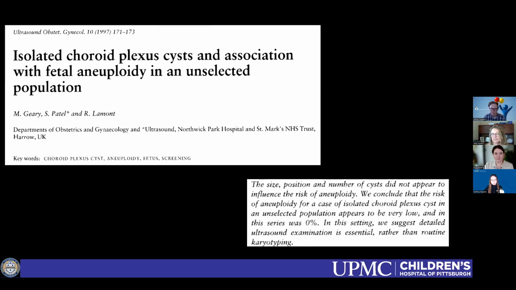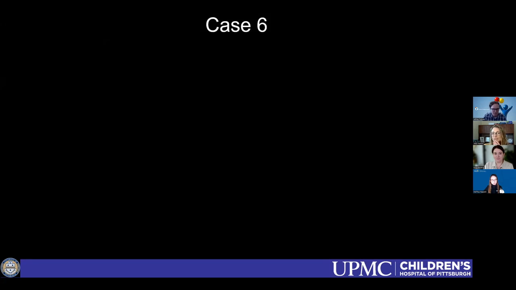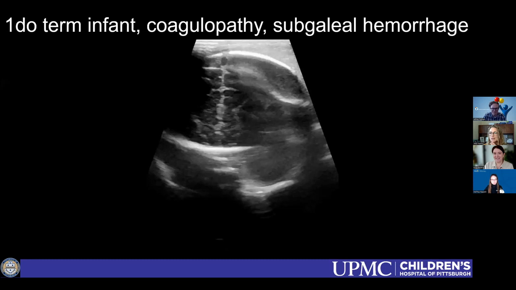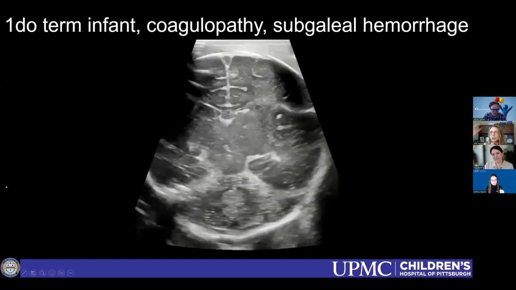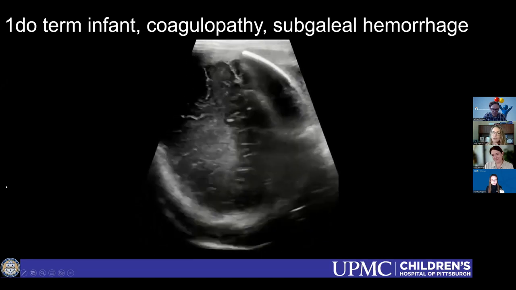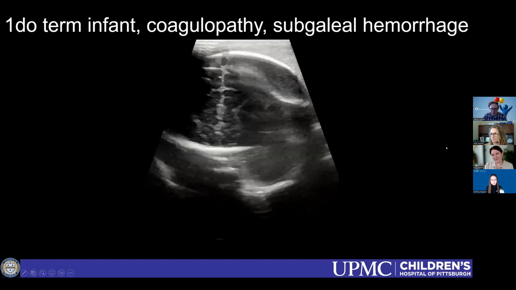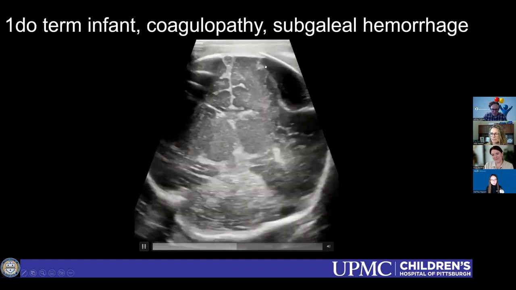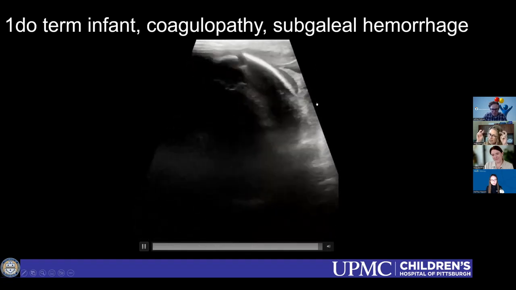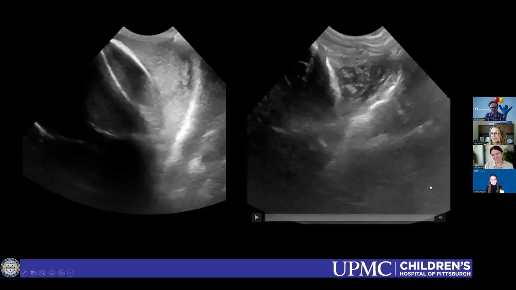I just really quickly want to show you my last case because we've made this mistake several times. We had an infant who had a large scalp collection and we questioned either an epidural hemorrhage or a subdural hemorrhage. You can see this ellipsoid collection along the extra-axial space.